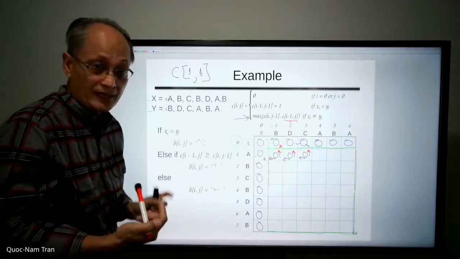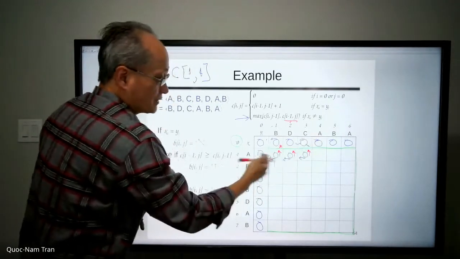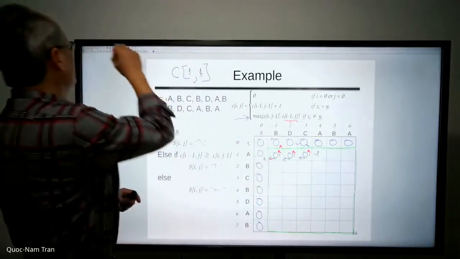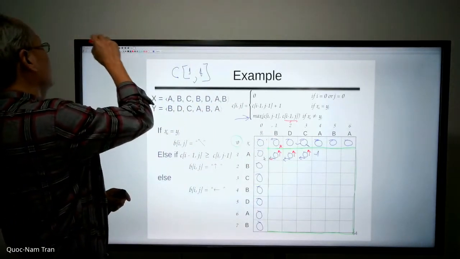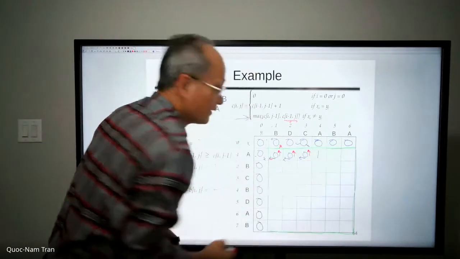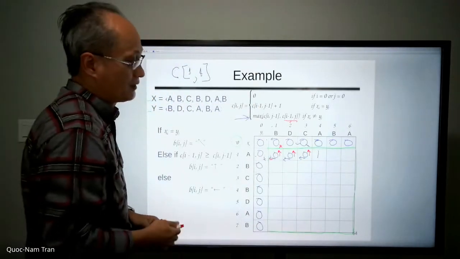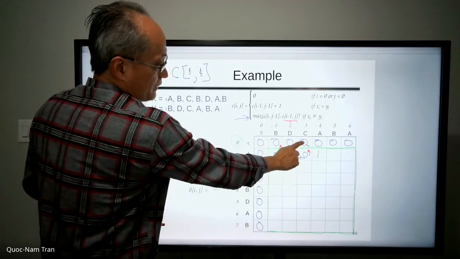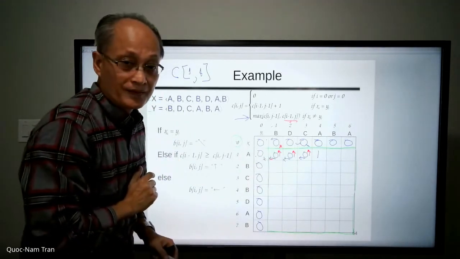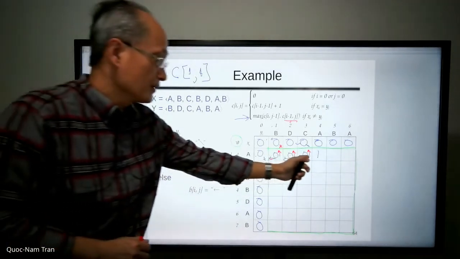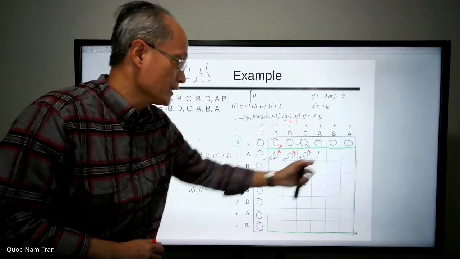And we know that with a match, it will be 1, plus the cost here, which we already have as 0. And how do we obtain this one?